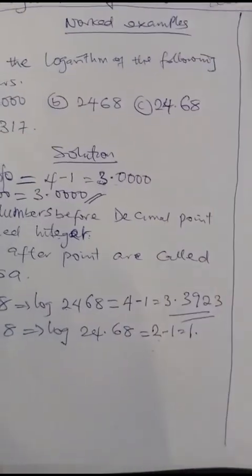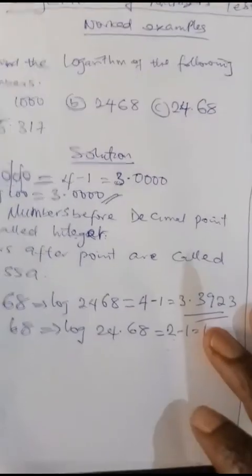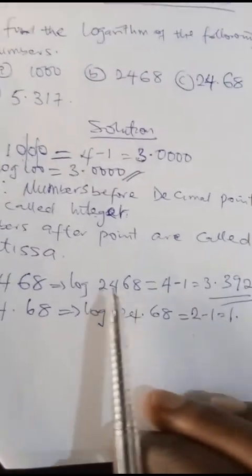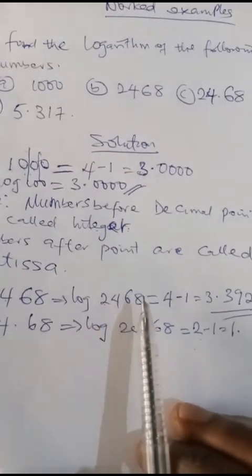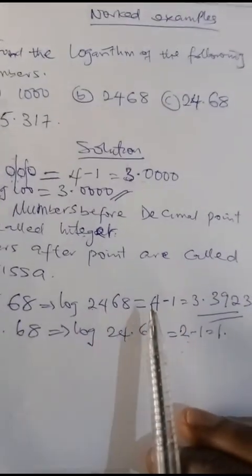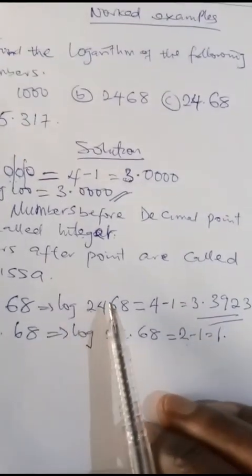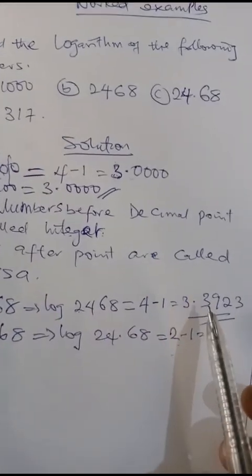The only difference here is that for the first one, while we were getting the integer, because there is no point in between any of the numbers, we have 4 integers. 1, 2, 3, 4. So subtract 1 from the integer to give us 3. Now proceed to look for 24 under 6 difference 8. And this is what we get.